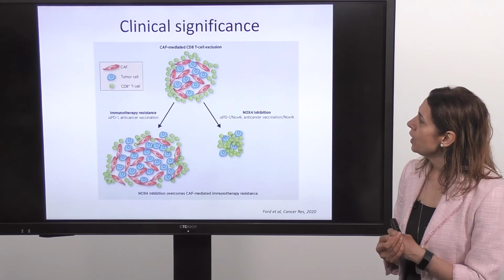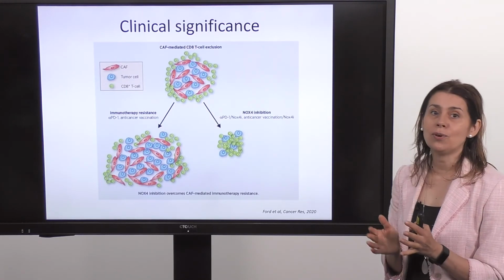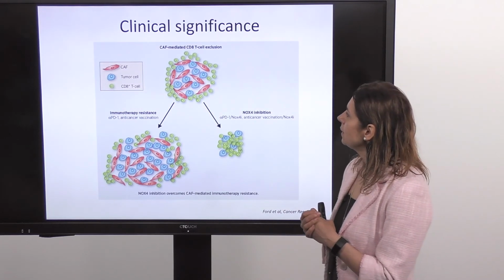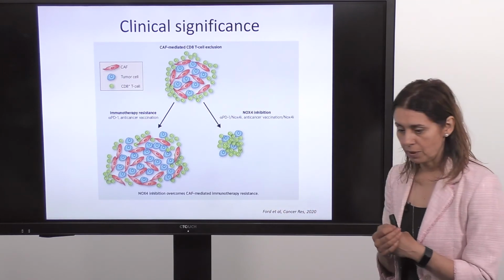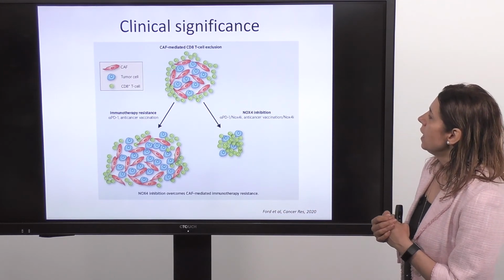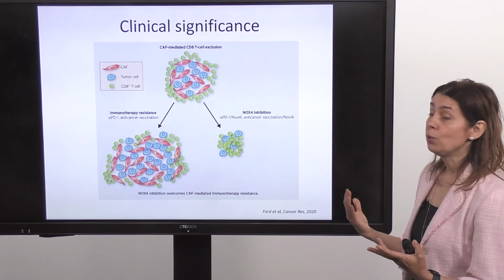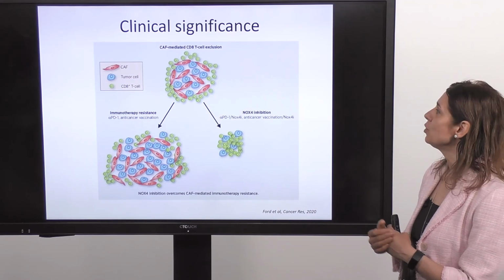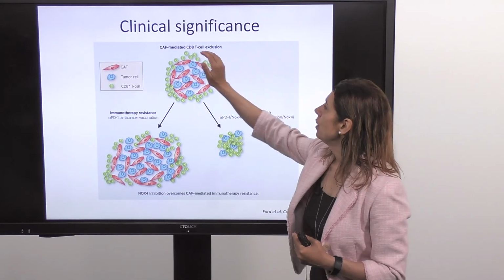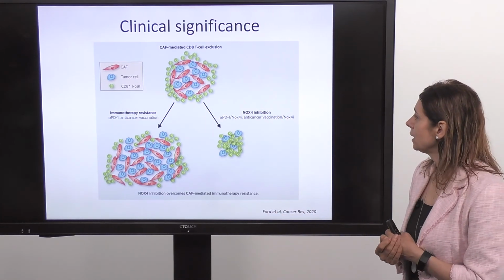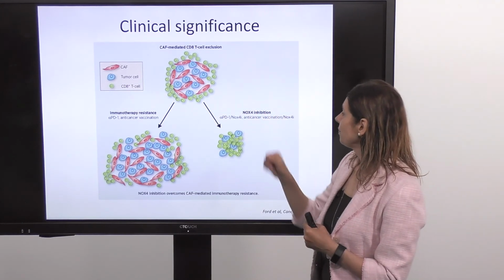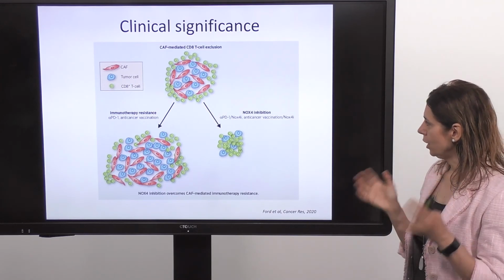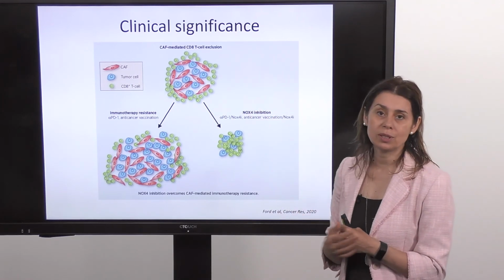I would like to end with one study. It's not from oral squamous cell carcinoma, but it is relevant. So in this study, which comes from Gareth Thomas' lab again, they put up a model in which they could target an activated stroma, the cancer-associated fibroblasts that seem to mediate exclusion of cytotoxic T cells, by using ROS inhibition, the inhibition of the enzyme NOX4, which is involved in ROS.